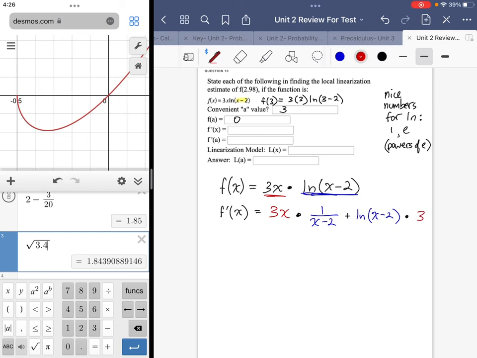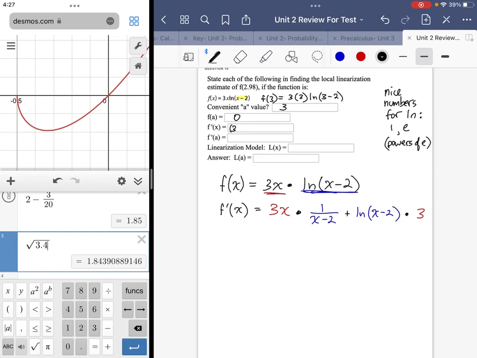All right, so I got to put that into the field here, so let me just clean it up a smidgy. Not really a whole heck of a lot of housekeeping to do here, but I would write this as 3x divided by x minus 2, plus 3 ln x minus 2. All right. Just parentheses where appropriate. Whenever you have a fraction, you generally want to put the parentheses around the top and the bottom separately.